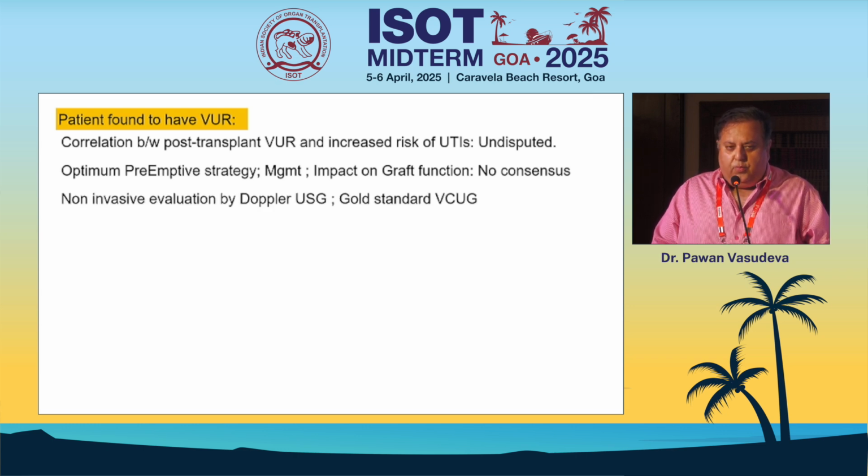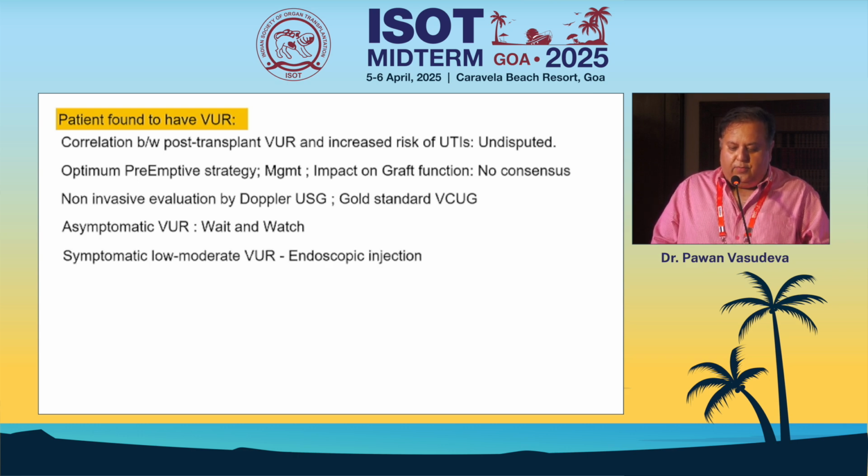So most people would not post-transplant try to look for reflux. Only if somebody is getting recurrent infections would you go in and see. Doppler ultrasound is non-invasive to figure out. Gold standard would remain VCUG. If somebody remains more or less asymptomatic, you can wait and watch.